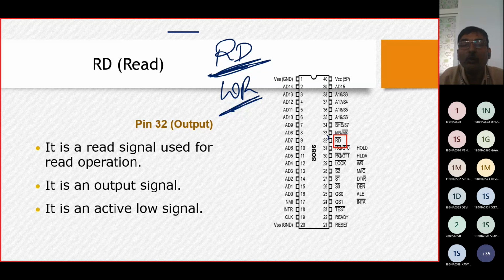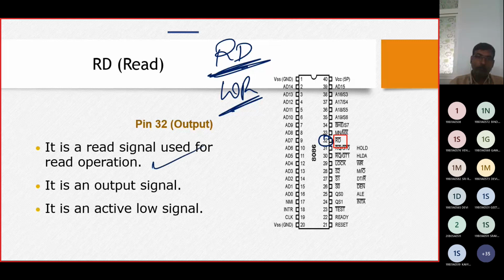So which is going to decide? Pin number 32 is going to decide a signal whether we can go for reading or for writing. The microprocessor has to read, the microprocessor has to write. So one person has to decide, and that person is pin number 32.